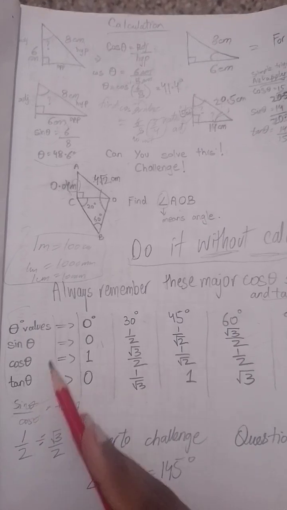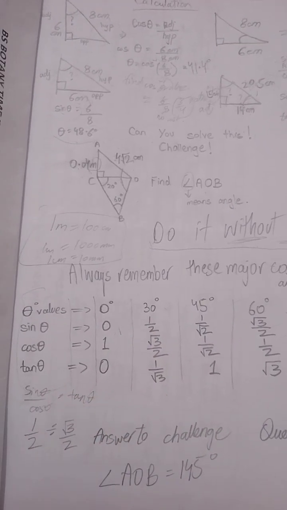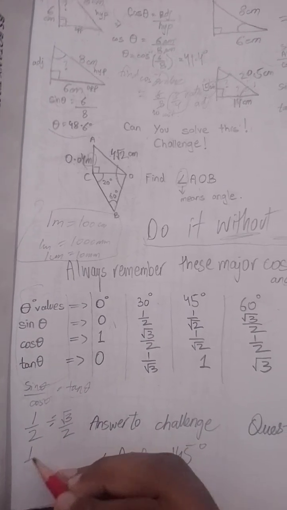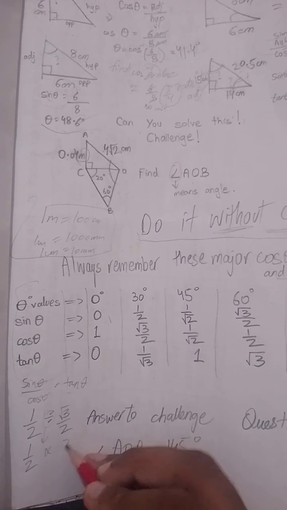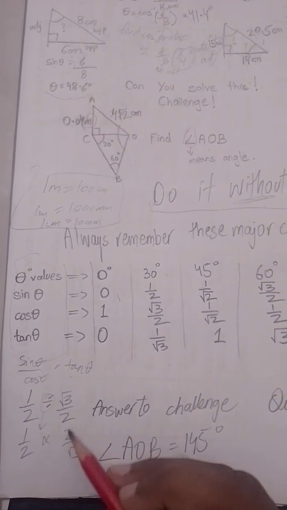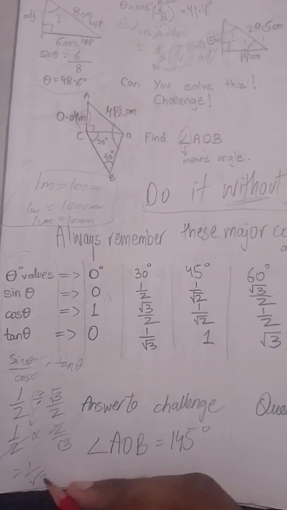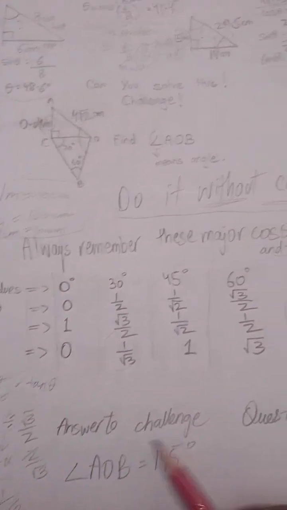We transform this to multiplication and invert the fraction, and the 2 will cancel out, and we will have 1 over root 3. Same answer, exact same.